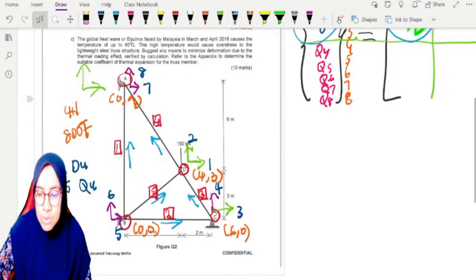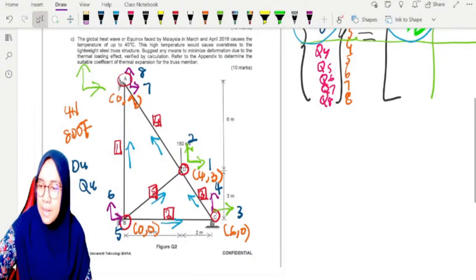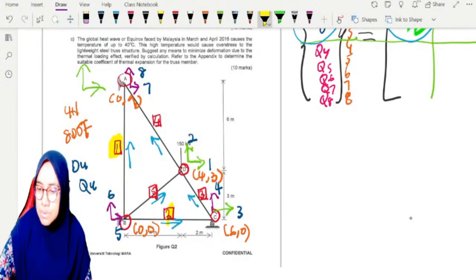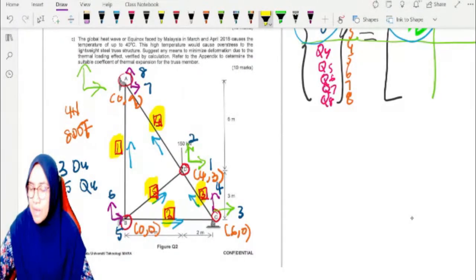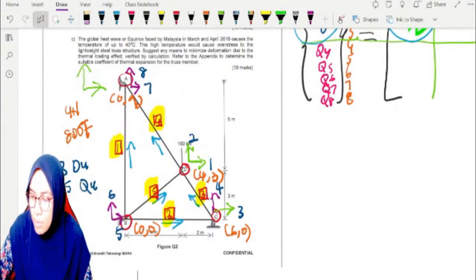I highlight 1, 2, 3, 4, and 5. Okay, there are 5 elements.